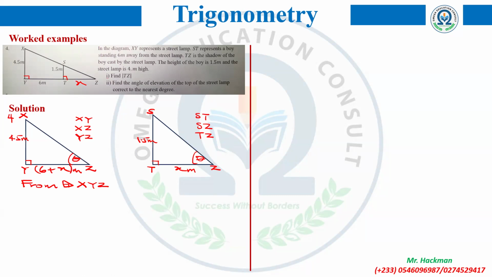So which trig ratio should come to mind? Tan. So from this triangle, tan of my angle, and what is the name of my angle? Theta. Tan theta will be equal to opposite, which is 4.5, over the adjacent, which is 6 plus x. Do you agree?